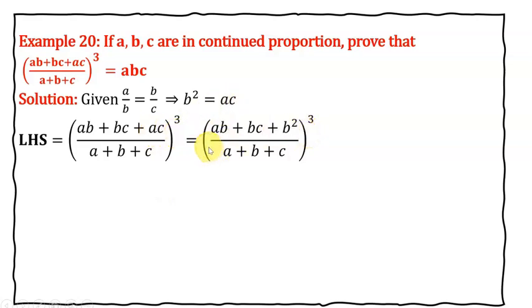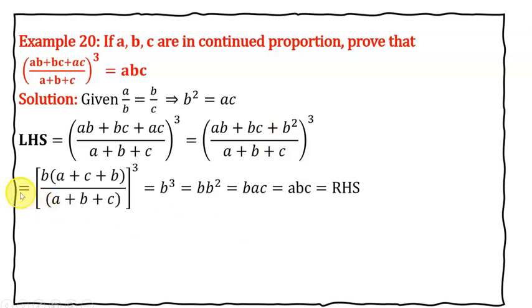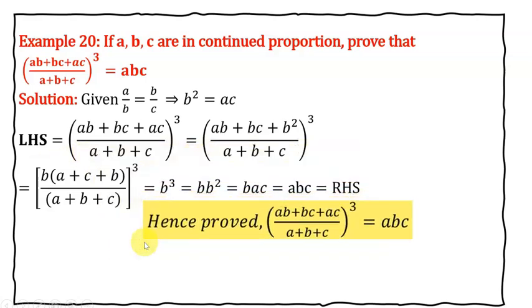From the numerator, take b as common. Then in the bracket you will get (a plus c plus b) upon (a plus b plus c). These two terms get cancelled. Then you will get b whole cube, and that is b cube. Now b cube can be written as b into b square. But what is b square? b square is nothing but ac, and that is nothing but a into b into c, and that's equal to RHS, and hence it is proved.